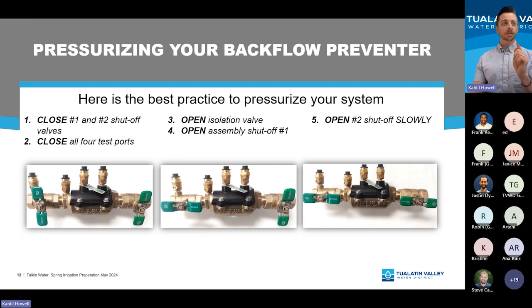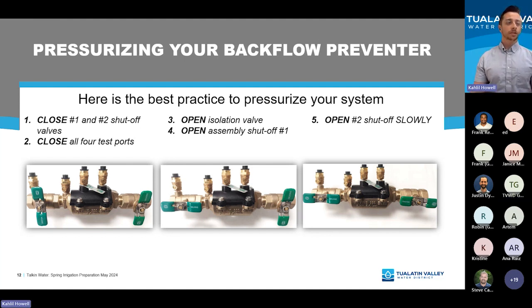If there's any movement clockwise, it means that there's water flowing into your plumbing system. So make sure everything is closed and the meter is at a standstill, then move into these 5 steps to pressurize the irrigation system, going back to that meter and seeing if there's any movement. If there is movement at that point, it may indicate there is a leak in the sprinkler system.